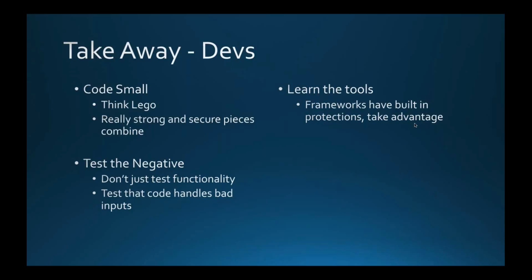Think about what could possibly be thrown at a function or input, and try all the things, right? Also, learn your tool. Like I had mentioned, some of these frameworks have built-in protections, but in some cases you need to actually turn them on, or make sure you're not inadvertently bypassing those protections. Make sure you're using them to their utmost to help protect you. So learn and study your tools.